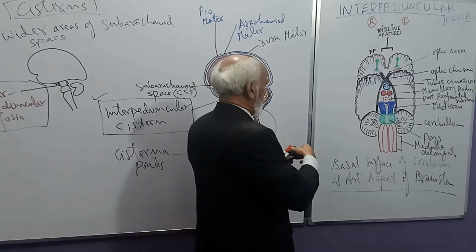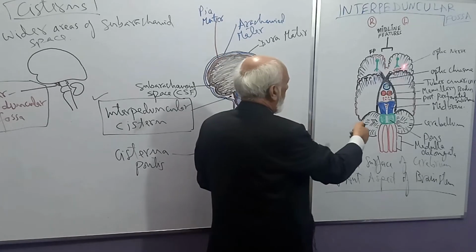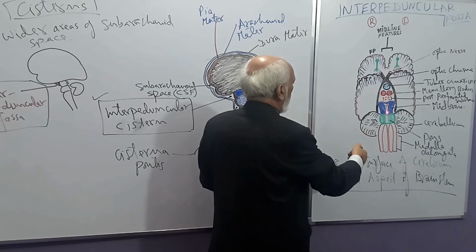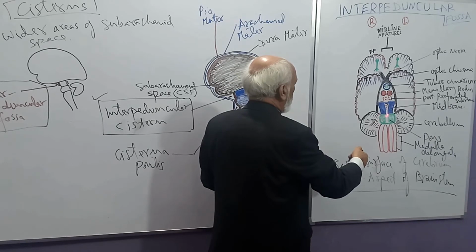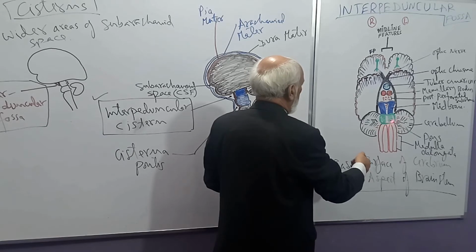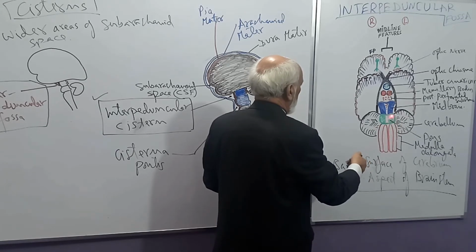Anteriorly, it starts from the optic chiasm and extends below to the midpoint of the upper border of the pons. This is the pons, this is the upper border of the pons, and this is the lower border of the pons, its junction with the medulla oblongata. This is the upper border of the pons.